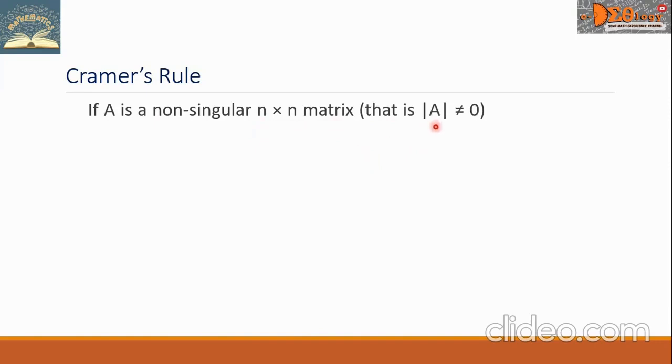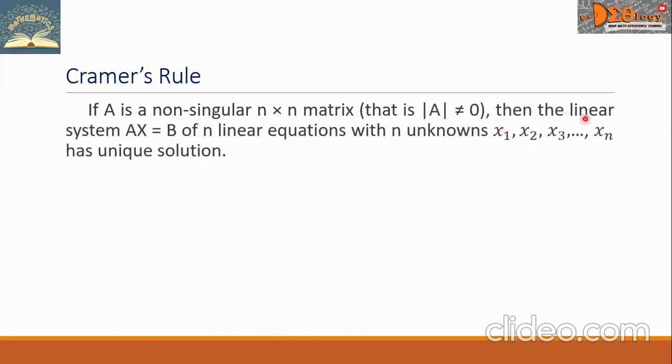Let's go to Cramer's rule. If A is a non-singular n by n matrix, that is, determinant of A is not equal to 0, then the linear system AX equals B of n linear equations with n unknowns, x sub 1, x sub 2, x sub 3 up to x sub n has unique solution.